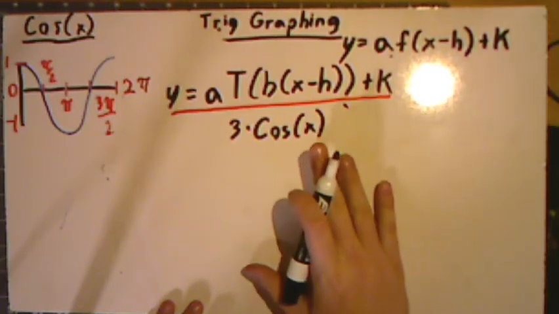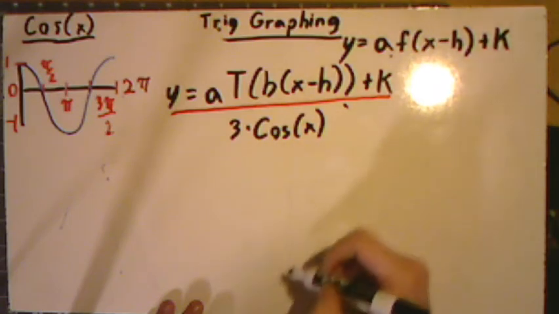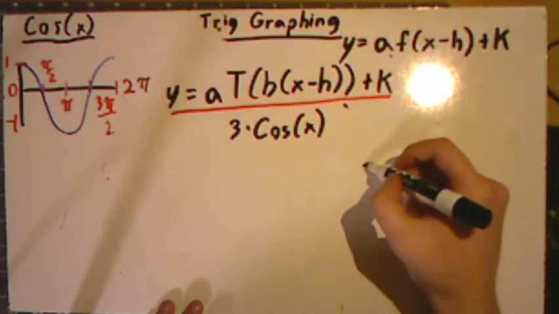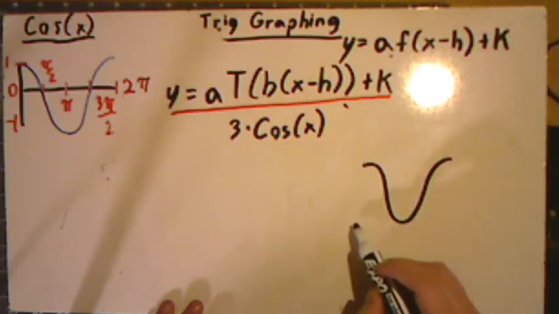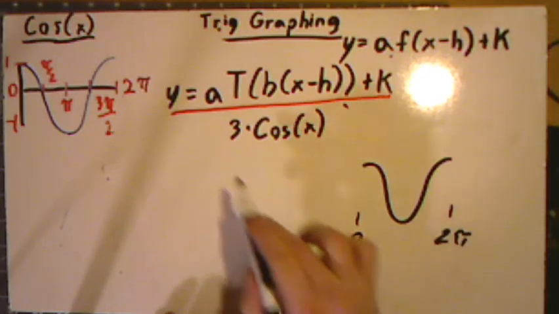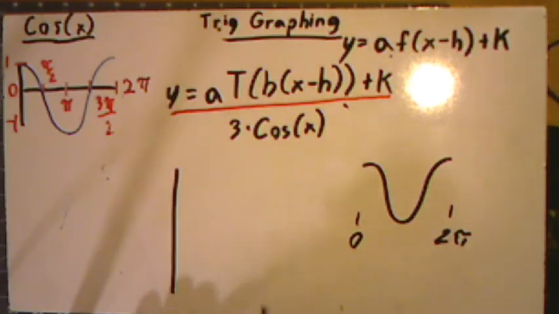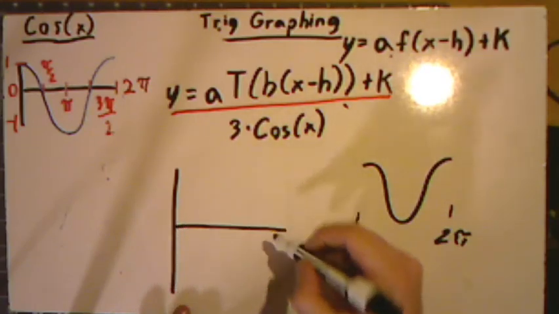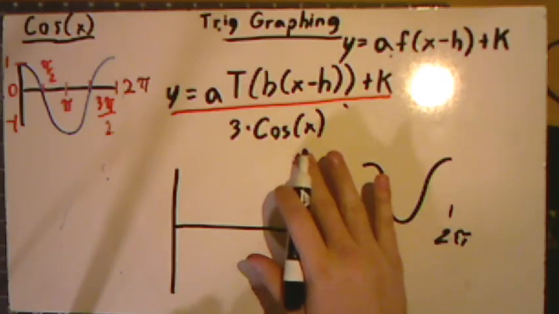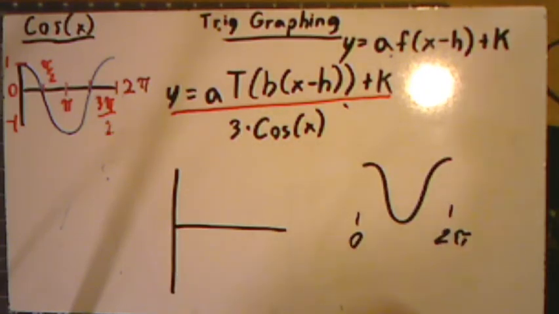Now again, we have the standard cosine of x, so we're going to be keeping the shape where we're going to have this between 0 and 2 pi. This alteration of the amplitude, though, changes how high and how low the value goes. So since we're not changing the y value, there's no plus k here, we're still starting at 0.